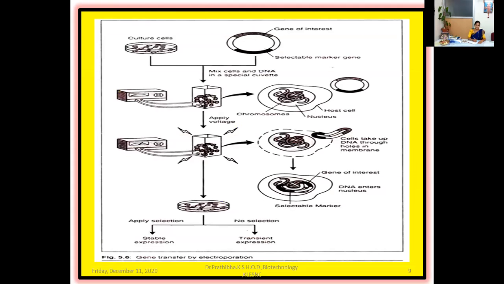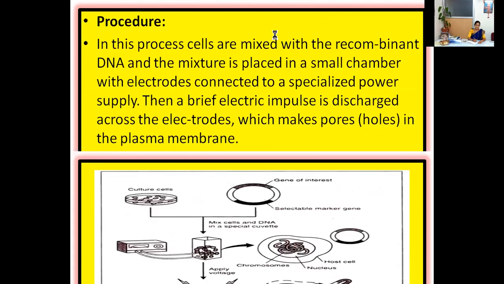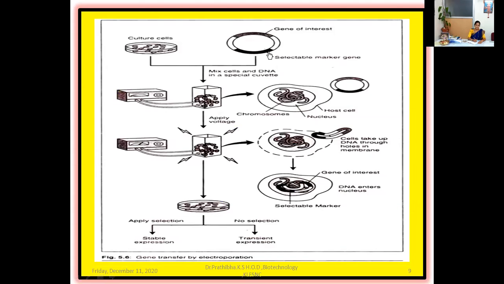As you could make out in this diagram of gene transfer by electroporation, this is the culture cells where you can take the cells over here, and this is the gene of interest we have taken with the selectable marker genes, or you can directly take the DNA molecules. Both will be mixed together in a specific cuvette, and we are going to apply a certain amount of voltage. When you apply the voltage, what happens here?